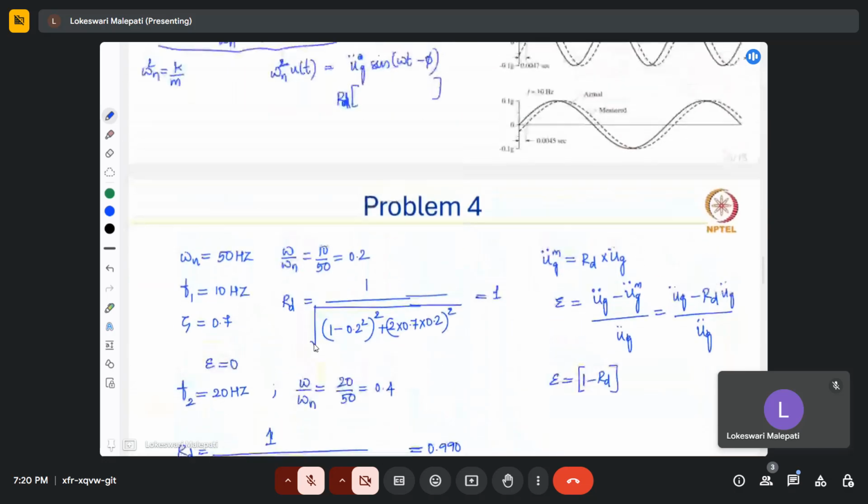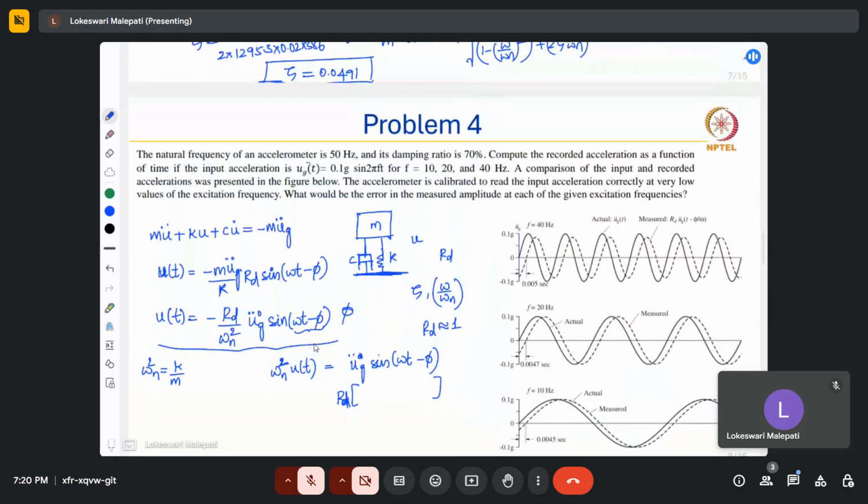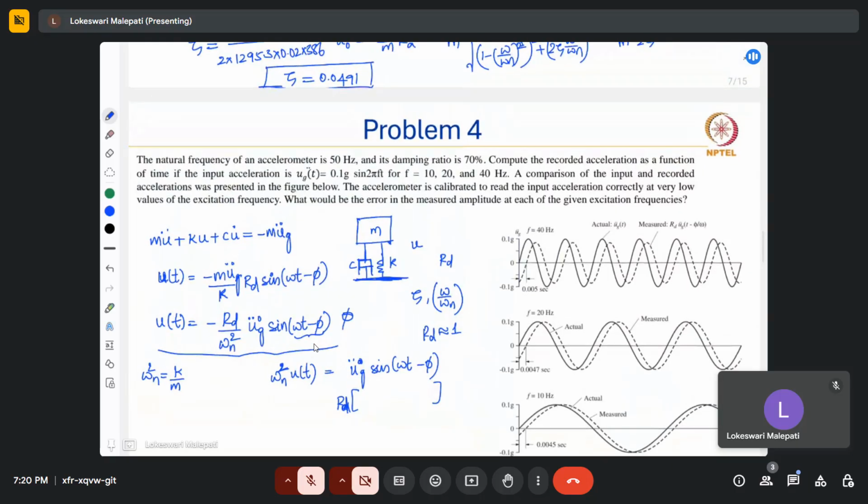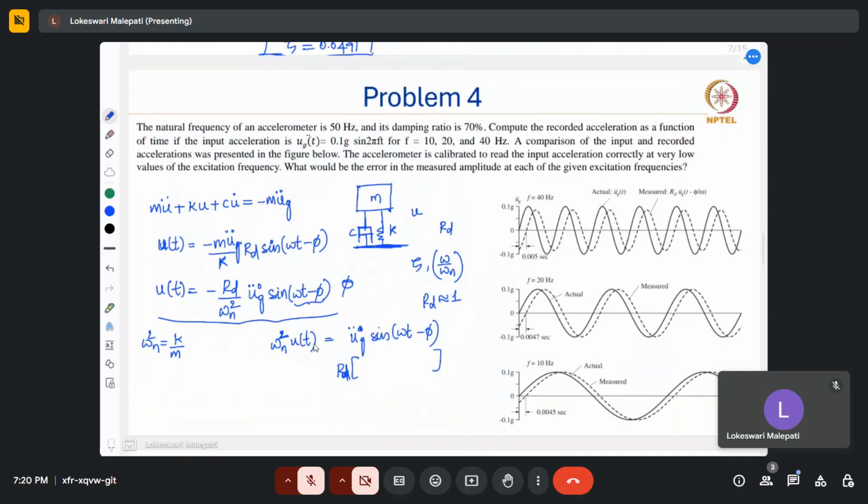And there is one more frequency for which we need to calculate the error. So I think I did not read the question. Let me go through the question. The natural frequency of an accelerometer is 50 Hz and its damping ratio is 70%. Compute the recorded acceleration as a function of time if the input acceleration is UG double dot t equal to 0.1 g sine 2 pi f t for 10, 20 and 40 Hz.